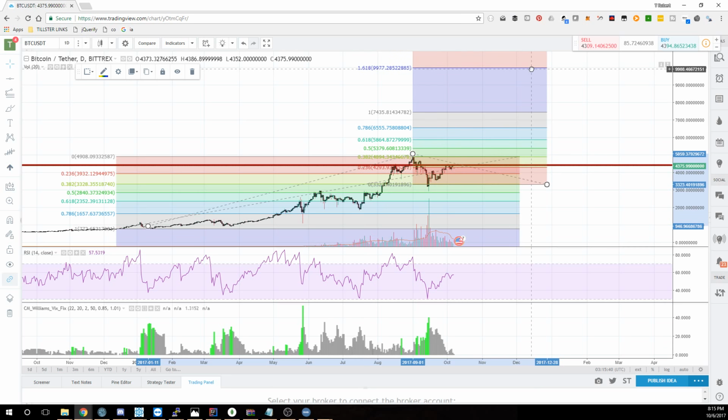Right at the 1.618, 100% plus 161.8%. There, I said it. Right on that Fibonacci extension, comes in at the nice round psychological line right there.